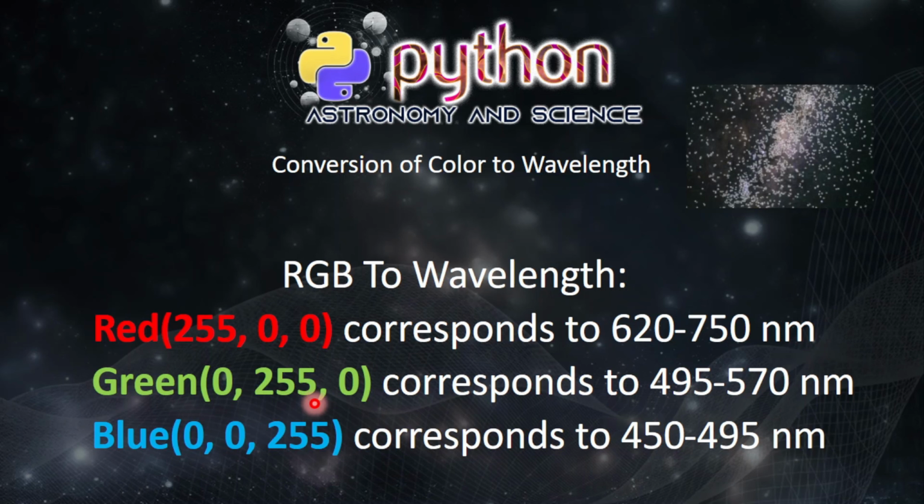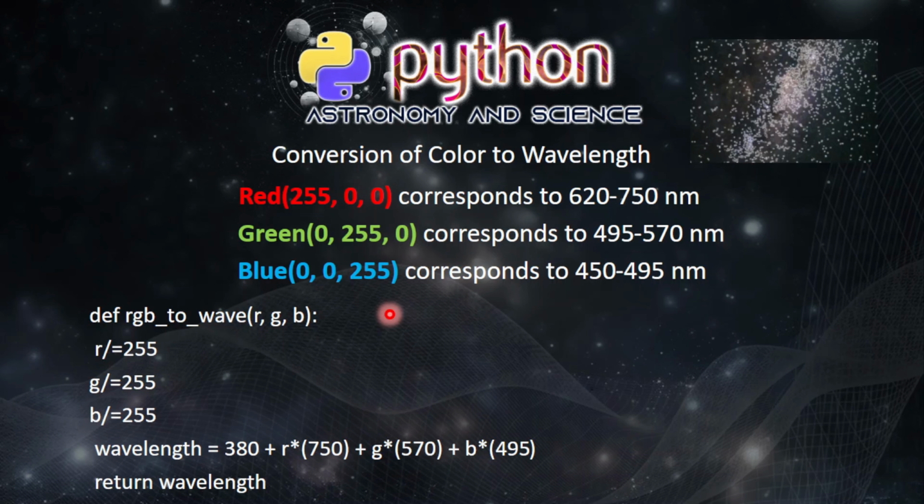And for the blue channel, 0, 0, 255, it corresponds to 450 to 495 nanometers. So how do we get the wavelengths of a mixed-channel image, which is often the case? You often see an image with mixed values for RGB.